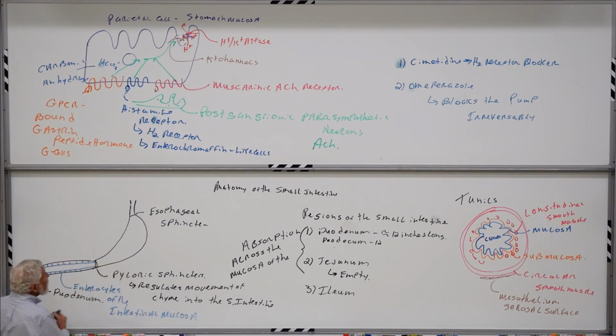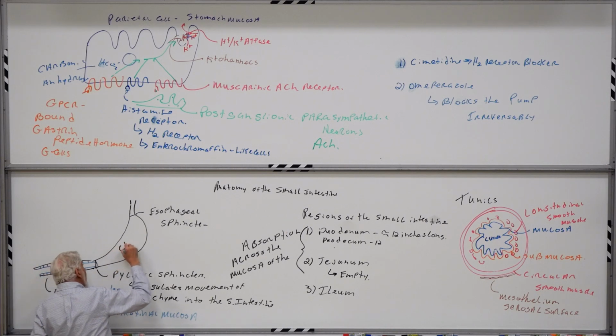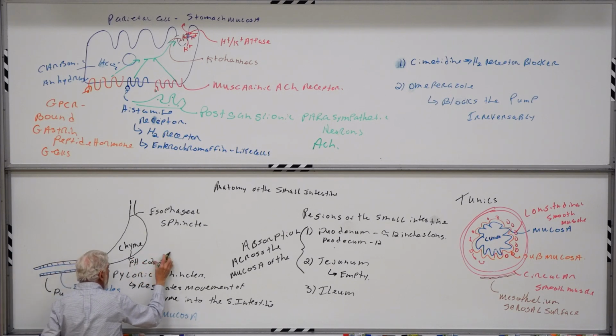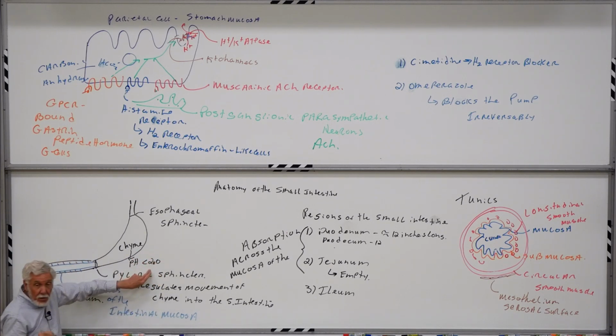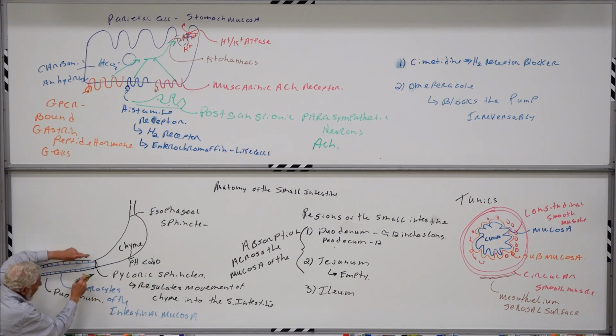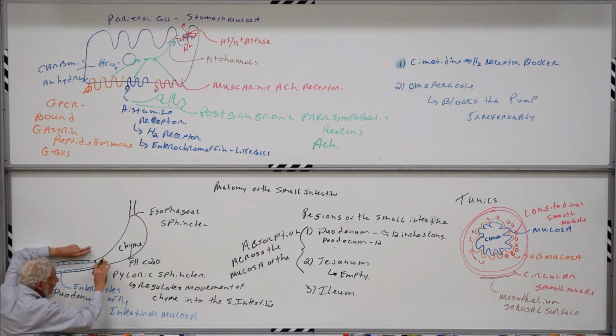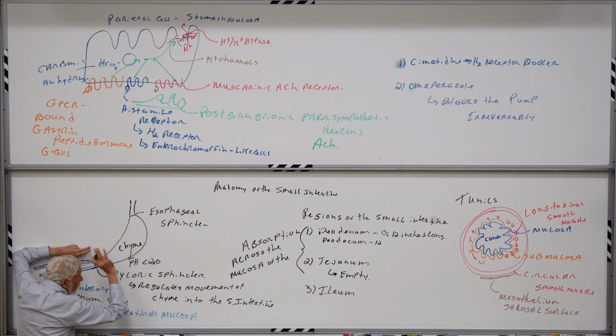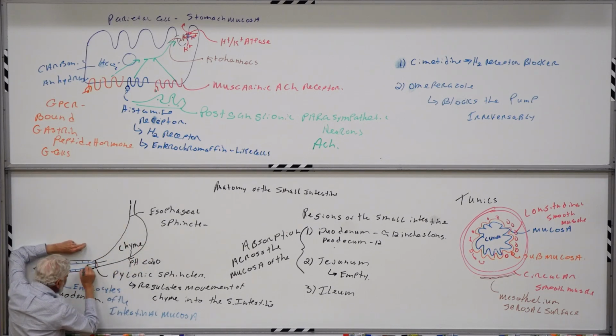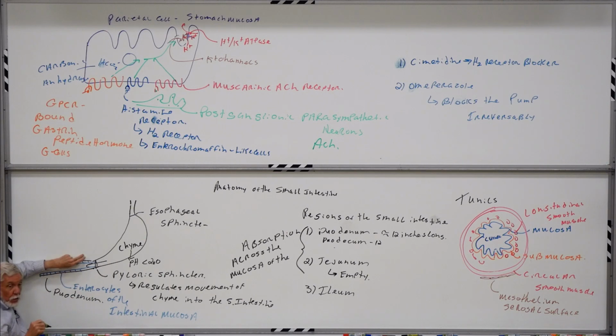Now remember, the contents of the stomach is chyme. And this can have a pH of less than 2. That's pretty acidic. So if the signal comes from the brainstem to open the pyloric sphincter, then the contraction of the smooth muscle surrounding the stomach will shoot about 30 to 50 mils of the chyme into the small intestine.